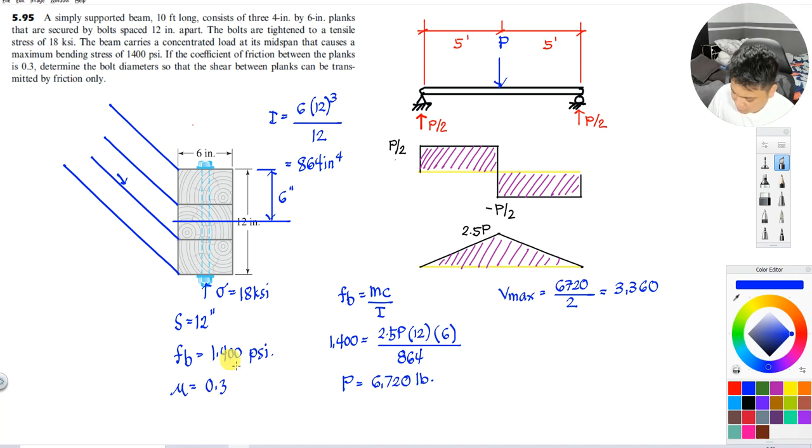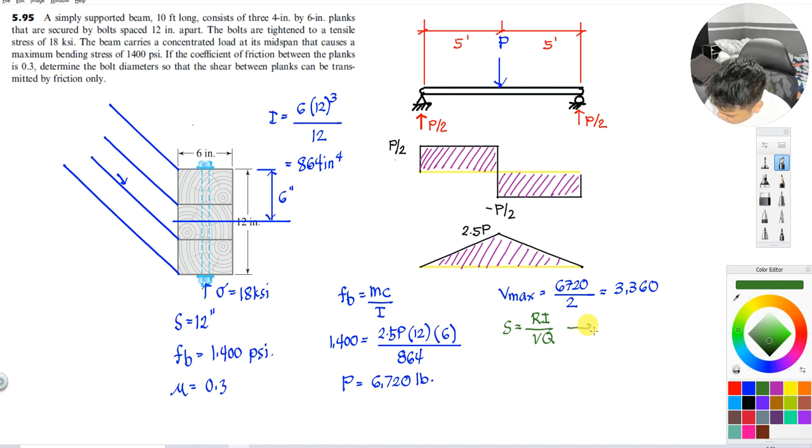Ayun. So, again, from that spacing, we can have it as, for the formula, S is equals to Ri all over VQ. Okay? So, to solve for the R, okay, yun kasi yung force na dinadala ng isang bolt natin, ano?